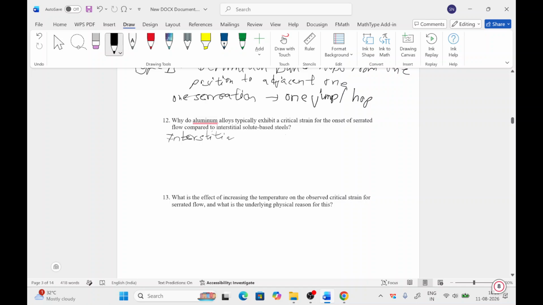While in aluminum alloys, there are no interstitial atoms, only substitutional atoms, which are large in size.